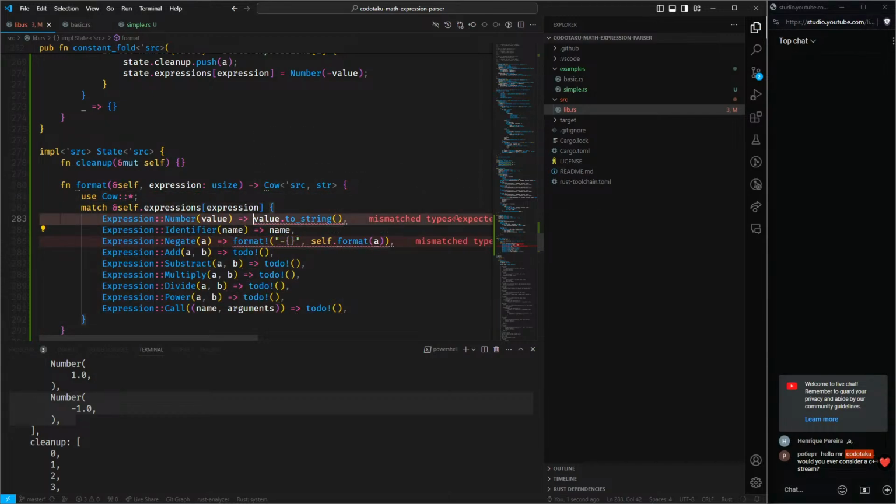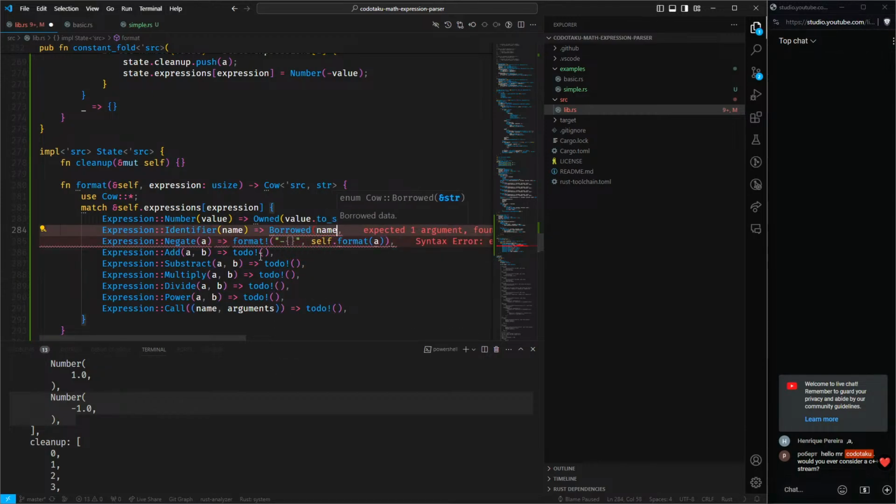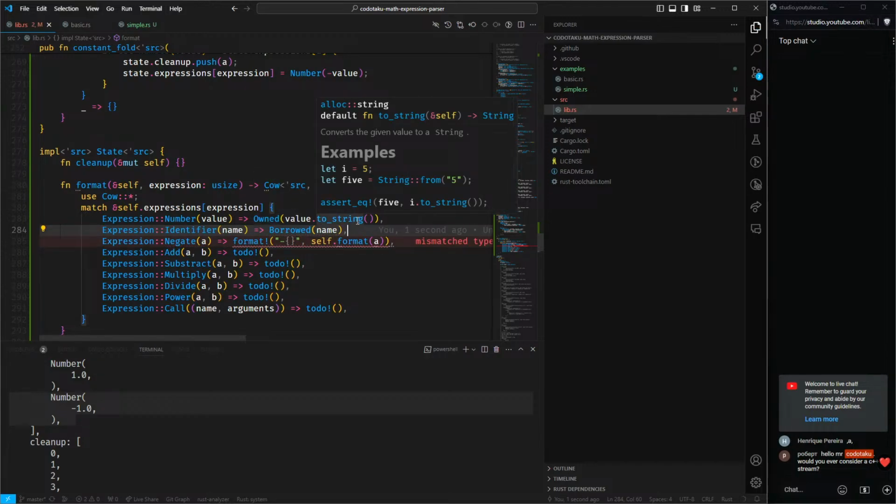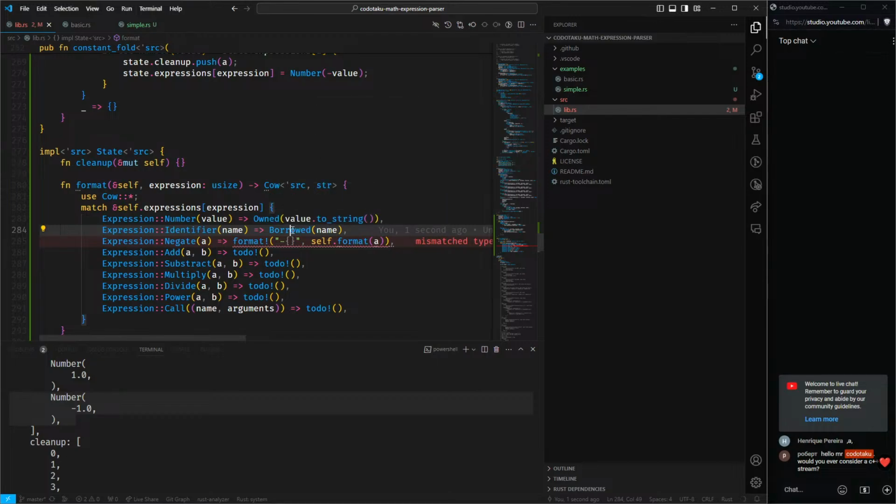And we're gonna go with, so here we actually have an owned string, right? So owned. Here we got a borrowed. So we use a cow here, since we can either have an owned string, so an allocated string, so a new string, or an already allocated string, or just referring to it.